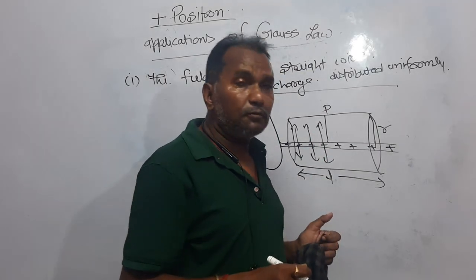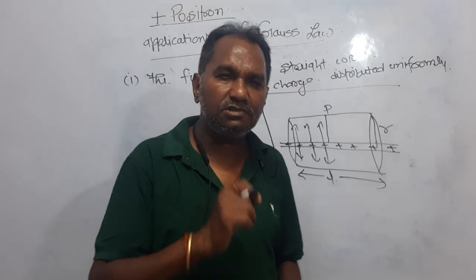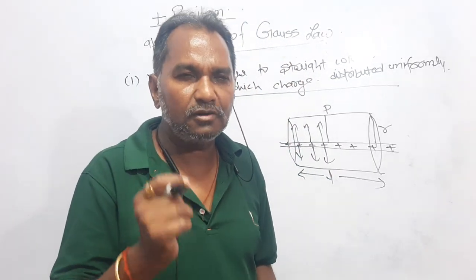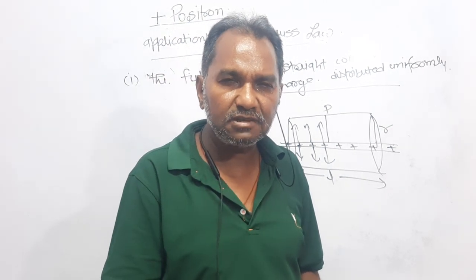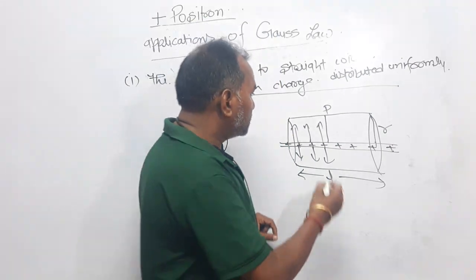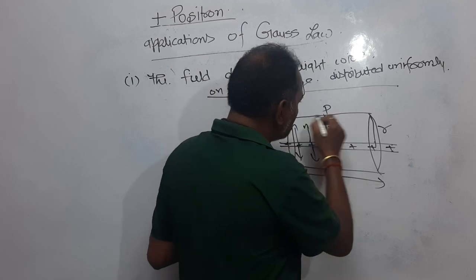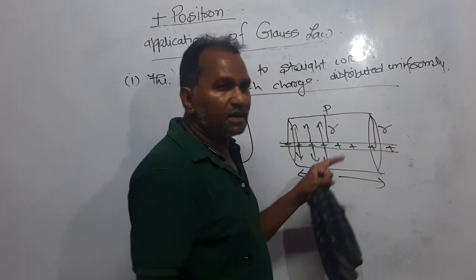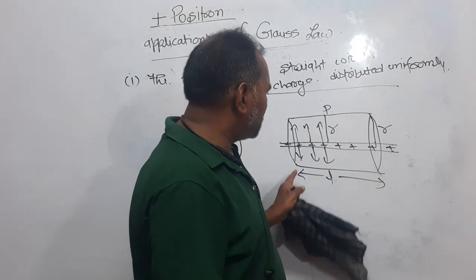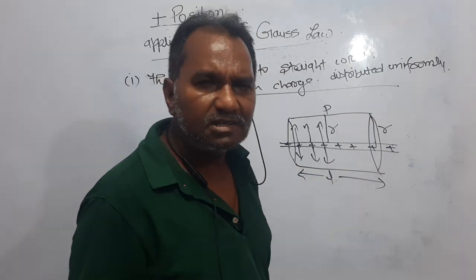Actually, you have to find the field at point P due to this thin wire on which charge is distributed uniformly. For applying Gauss law, you have to consider a closed surface, but the surface should be such that point P exists on it. Let this point P be a small distance away from the wire. That is why I have considered a cylinder of smaller radius, and so on this cylinder, point P exists. And let the length of the cylinder be a small l.